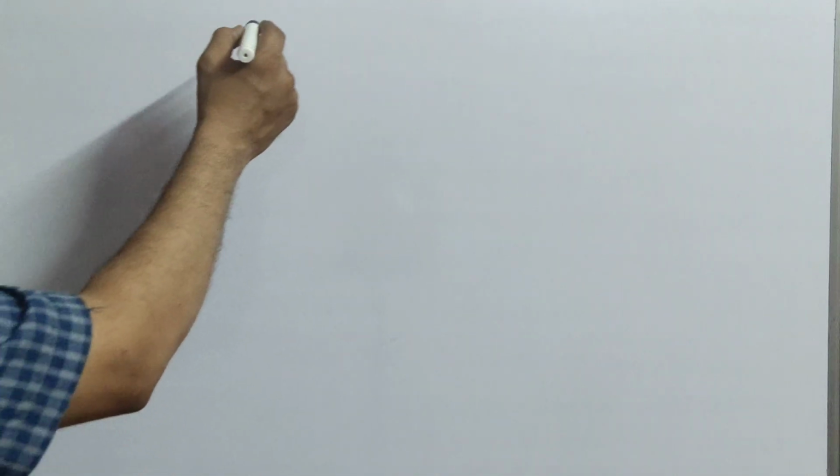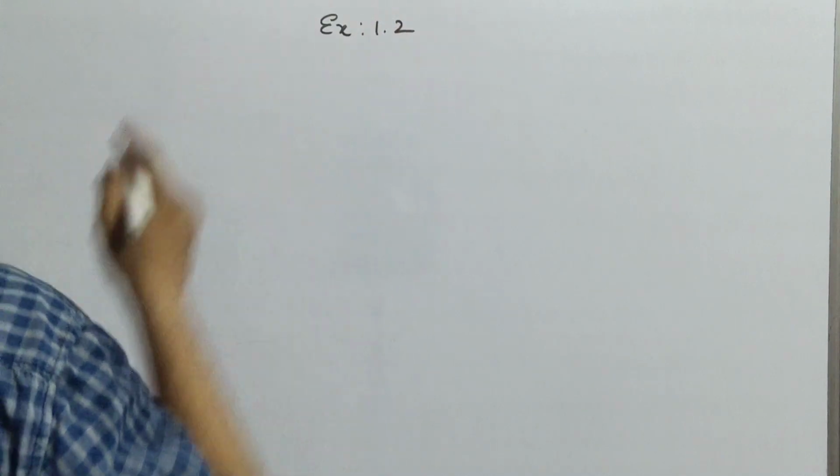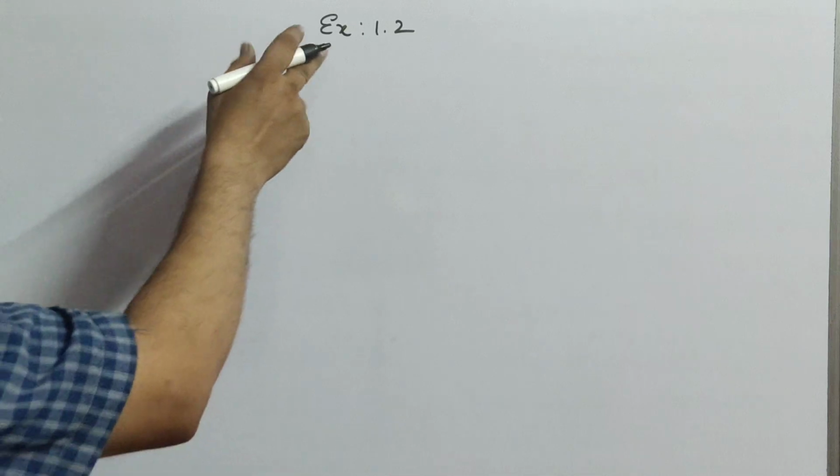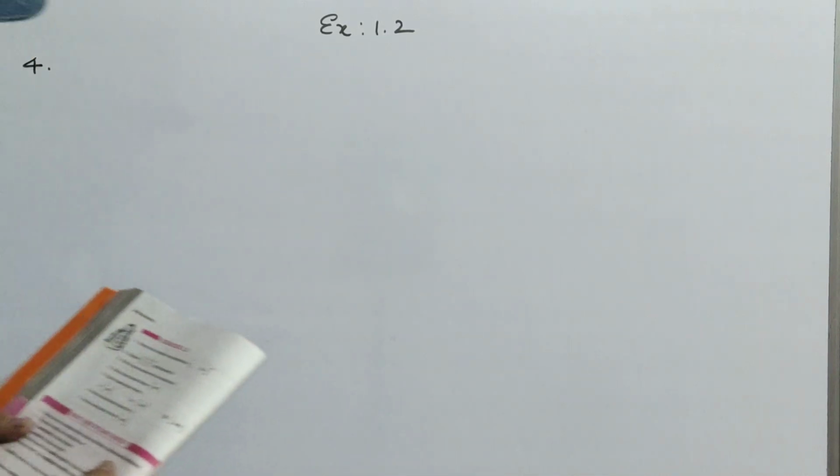Now here I am explaining from your exercise 1.2, the fourth question. Find 10 rational numbers between minus 2 by 5 and 1 by 2.